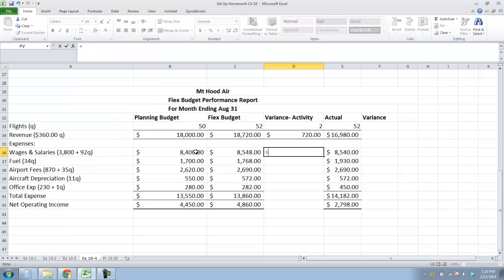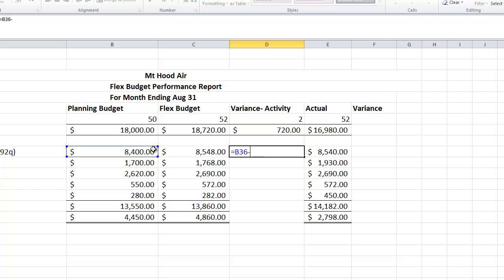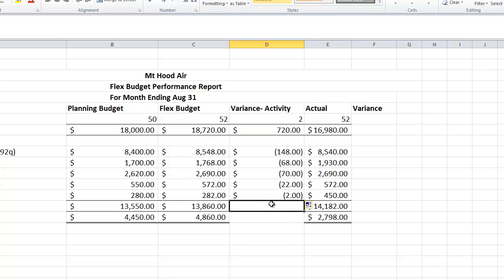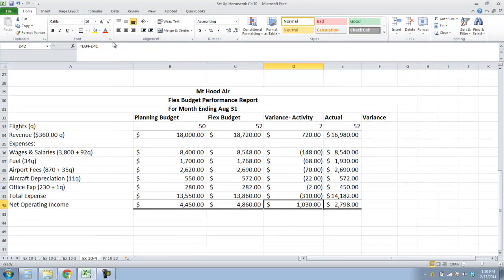And then we're going to take our planning versus flex. If it's a negative number, it's unfavorable. And then we will add this up. Of course, we had more flights than we planned. And we'll take our positive spending here because of activity.